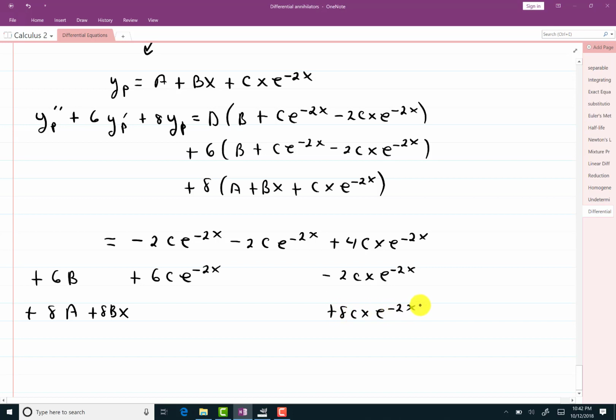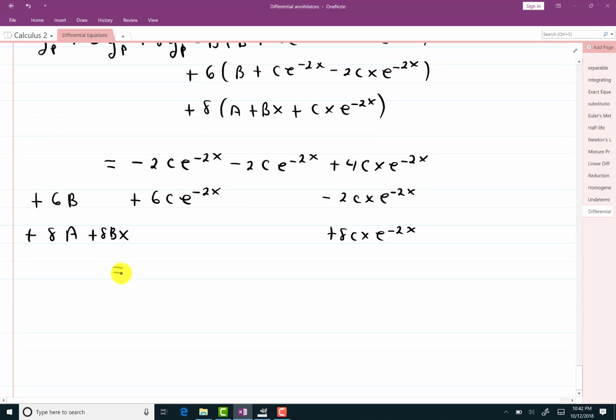And see if I can combine anything. Well, I have 6b plus 8a, and then plus 8bx, and then this part here will be, I have -4c e to the -2x plus 6c e to the -2x, so that altogether will be plus 2c e to the -2x.